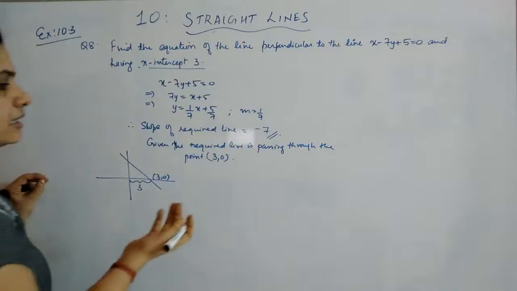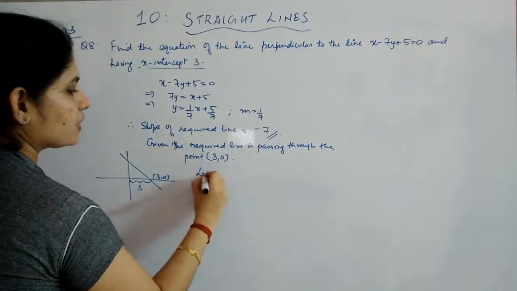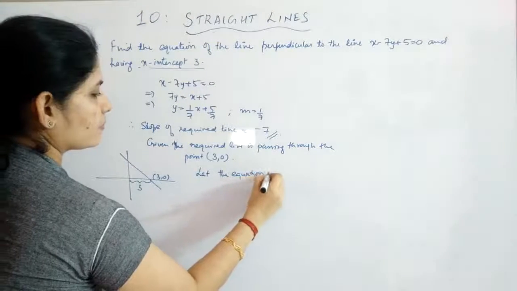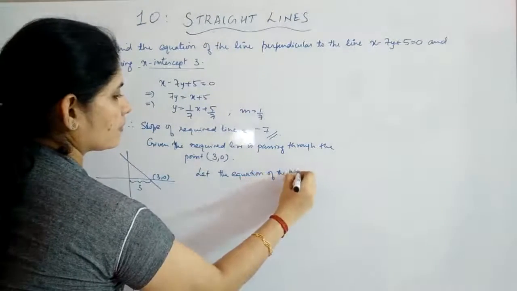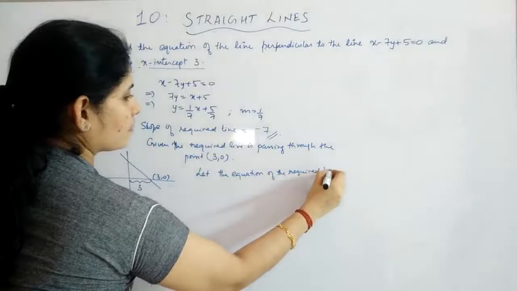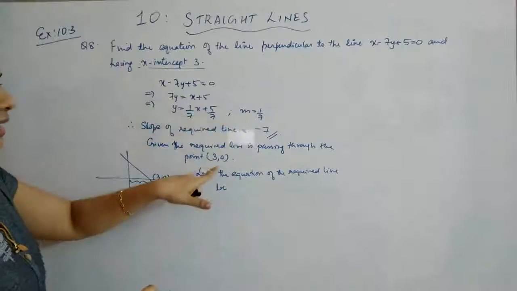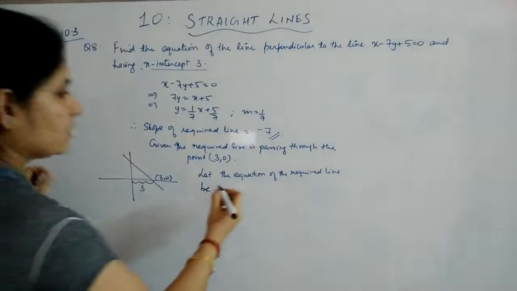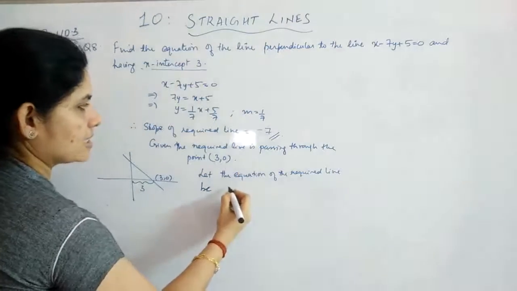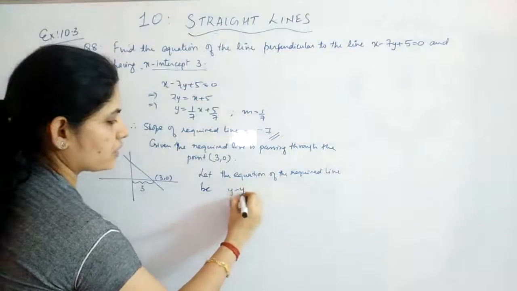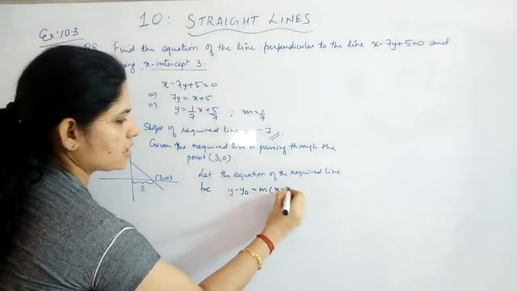Now, let the equation of the required line be in the form we will use. Because we know the slope and the point, we will use the slope-point form: y minus y naught equal to m into x minus x naught.